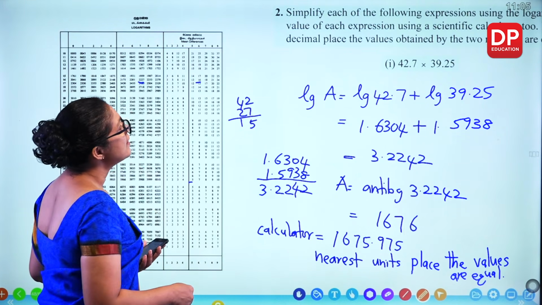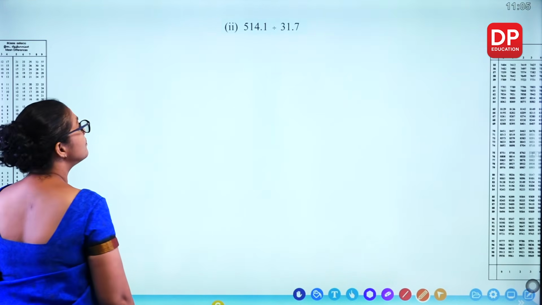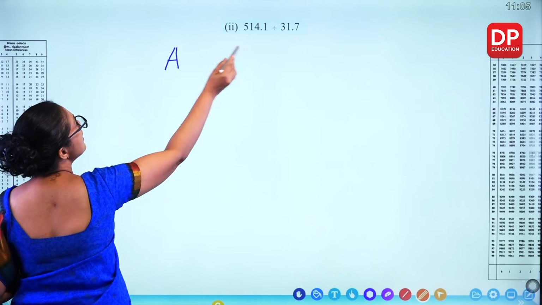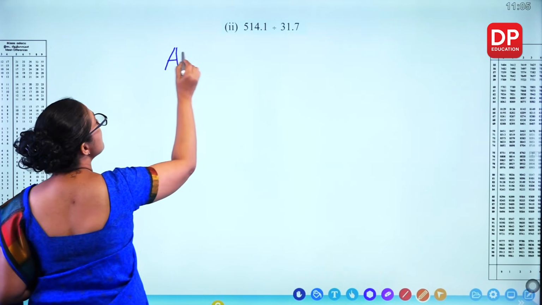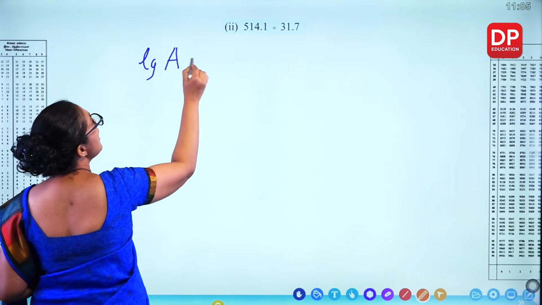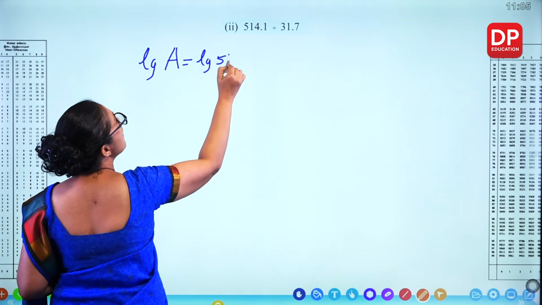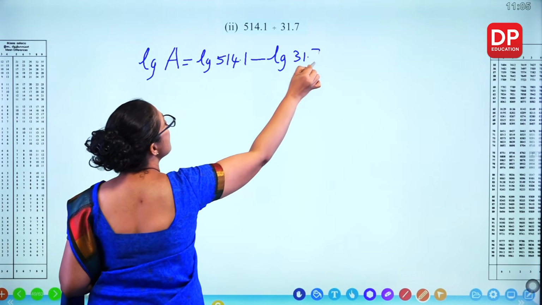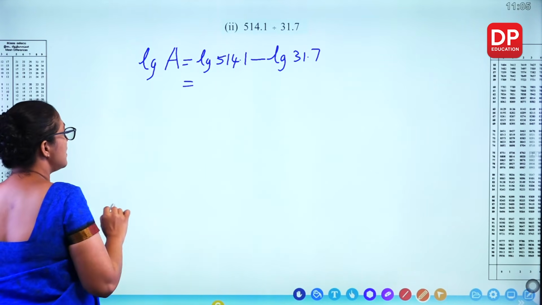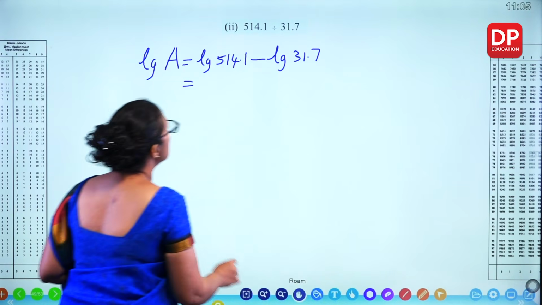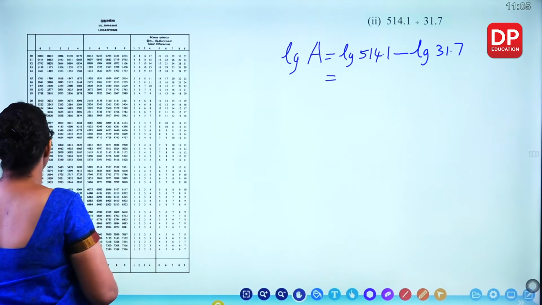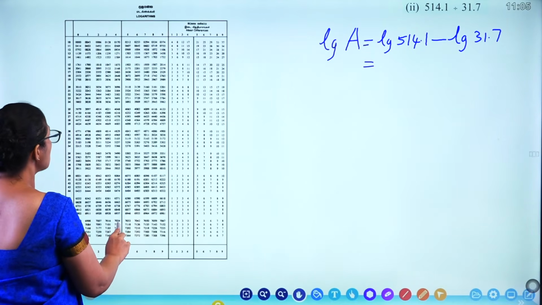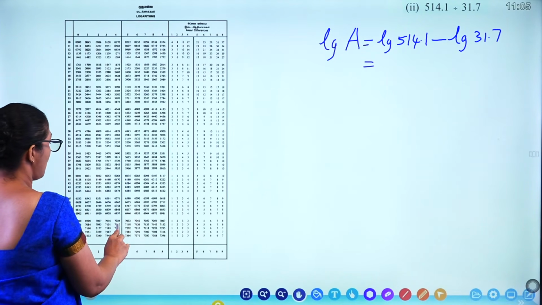Now we'll look at the next one. 514.1 divide by 31.7. You can take log of 514.1 minus log of 31.7. Use the table. 51, 4 is this one. 1 is 1.